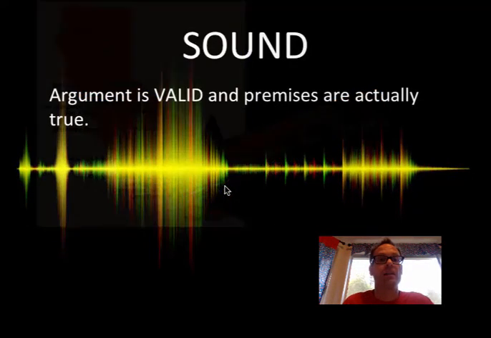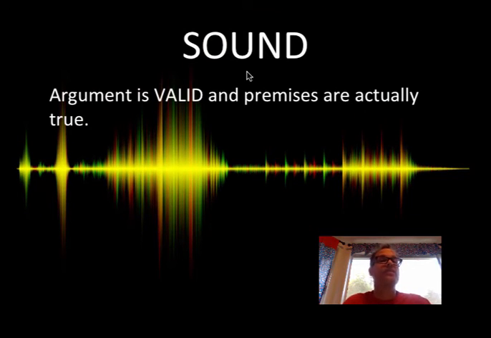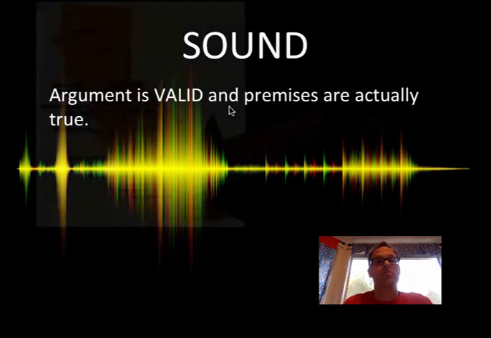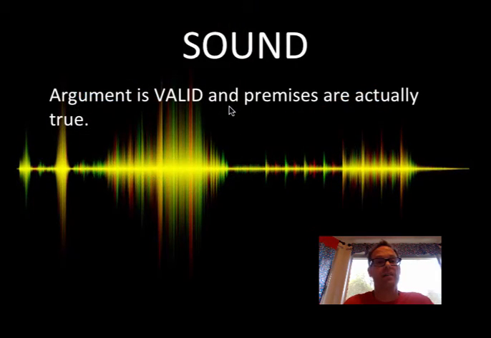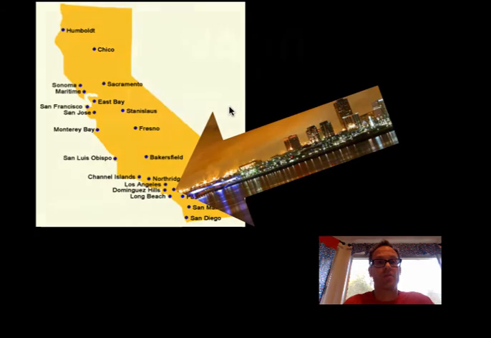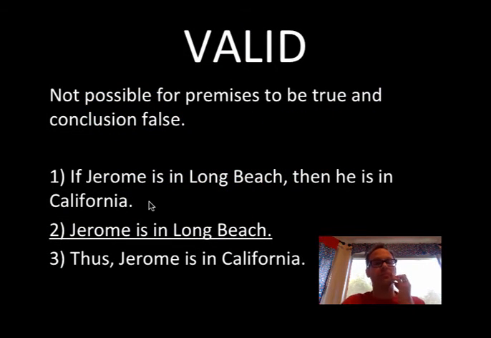Now, let's look at soundness. Soundness is when an argument is valid and the premises are actually true. So if we look back on this case involving Jerome, although this argument is valid, if I was going to ask you whether or not this argument is sound, I would say, well, is Jerome actually in Long Beach right now?